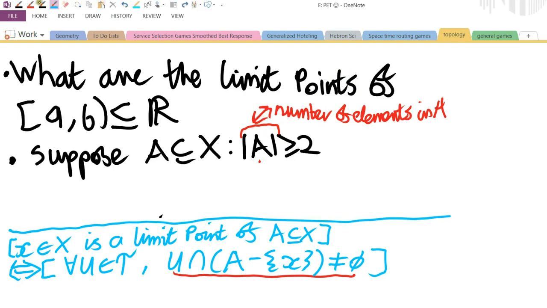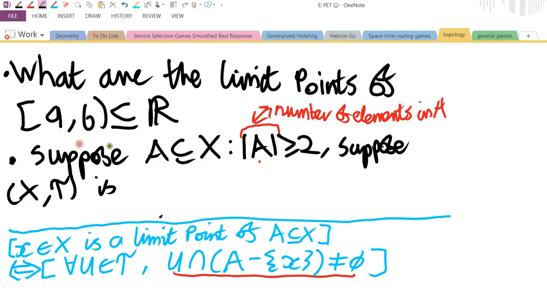And suppose that (X, tau) is the indiscrete space. Recall that the indiscrete space is the space where the only open sets are the empty set and X itself.